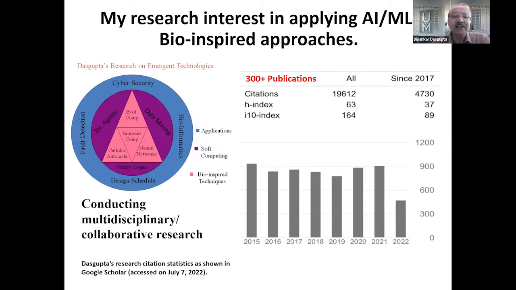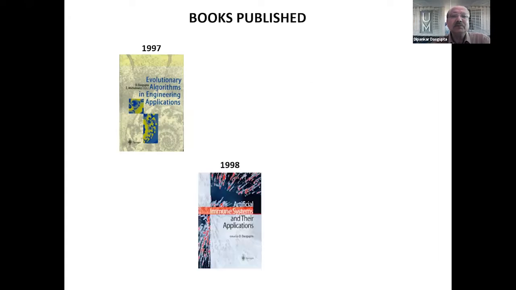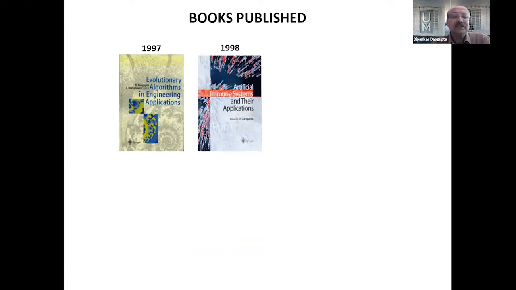Computational power has increased, and many of these techniques are becoming more popular. And I have more than 300 publications, about 20,000 citations. And these are my published books. So you can see I am coming from different kinds of AI machine learning.